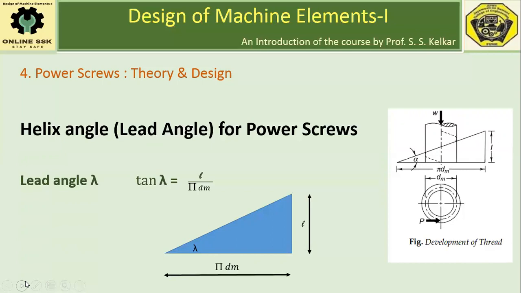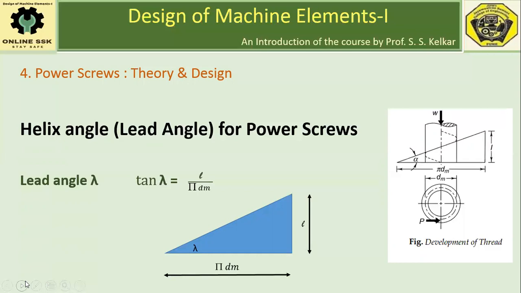When pi d_m is the linear movement of the screw, the nut travels a distance equal to L. So you can see the development of the screw, and the angle subtended is called the lead angle.